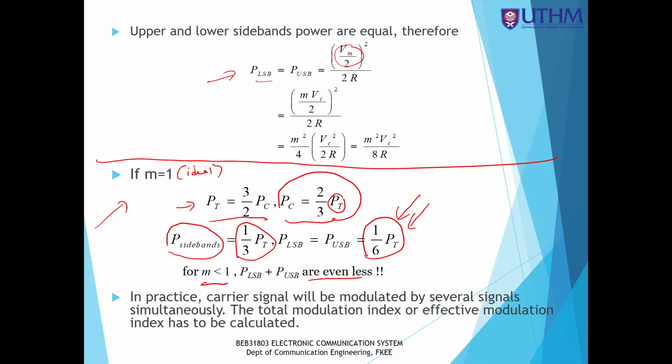Okay, this proves the disadvantage of double sideband full carrier about the efficiency. Okay, so double sideband full carrier is less efficient in some applications because most of the power belongs to the carrier, whereas the carrier does not contain any information.